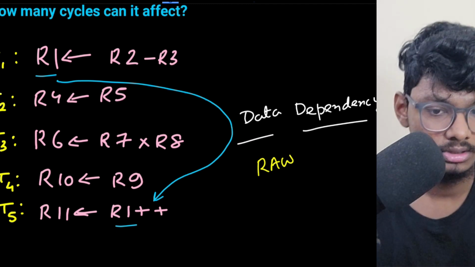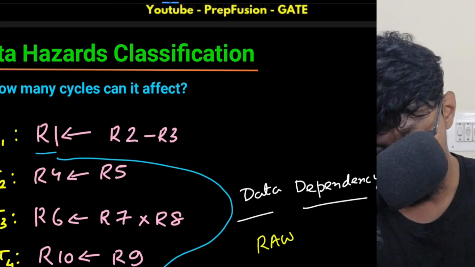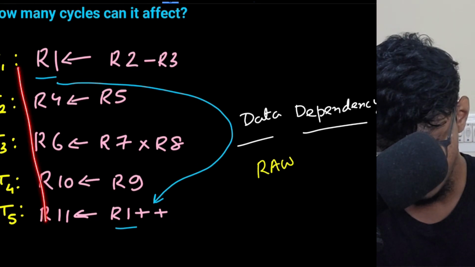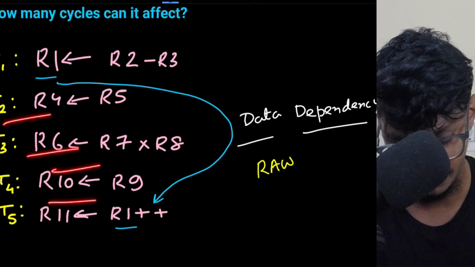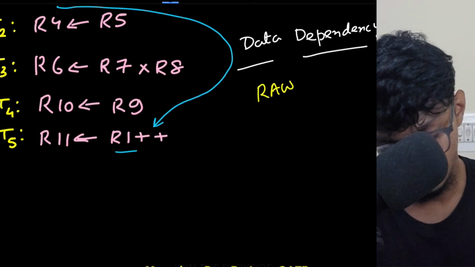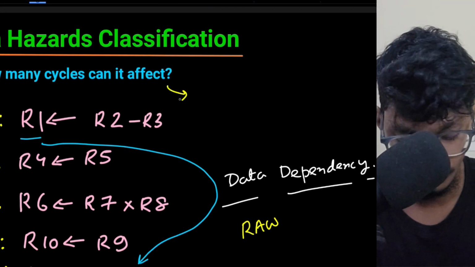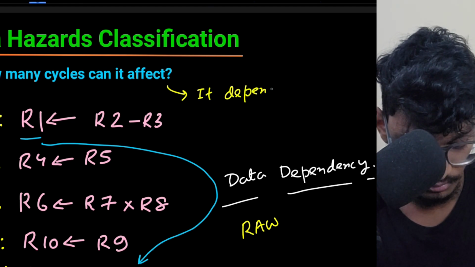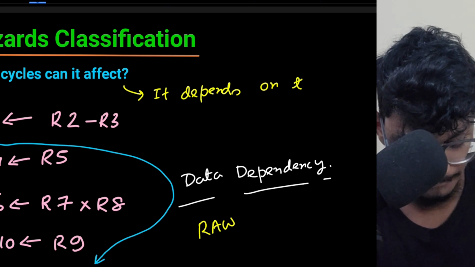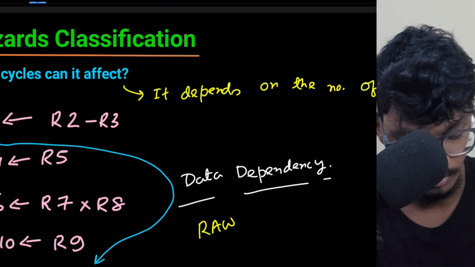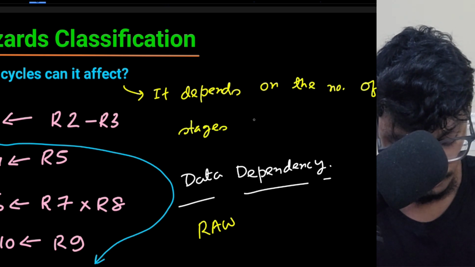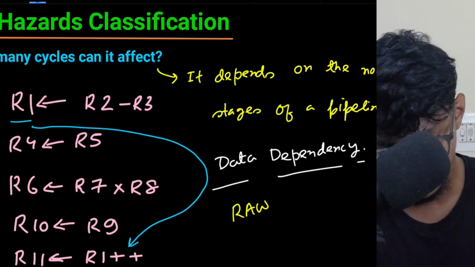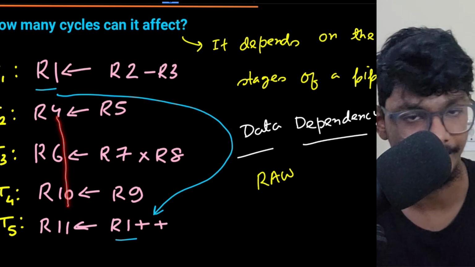So how many cycles it can affect, how many stalls I need to give, depends on how many instructions are happening after each cycle. The simple answer is it depends on the number of stages of the pipeline.